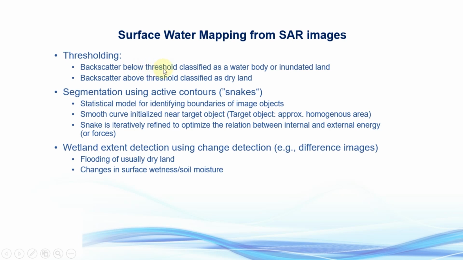It gives us a threshold to know if the value classifies as water or any other object in the image. So, below a particular threshold, the surface will be classified as water, and above that value, it might be characteristic of dry land.